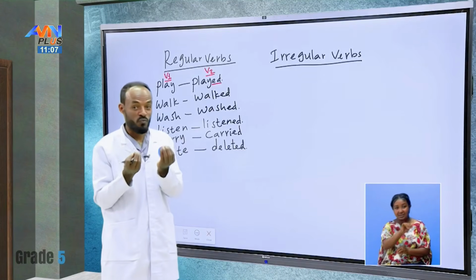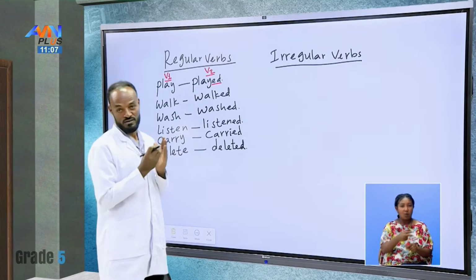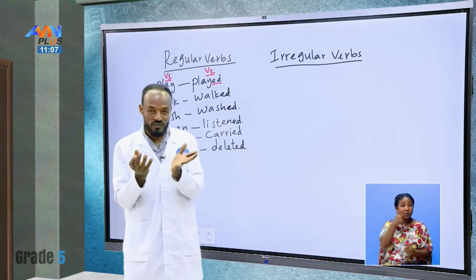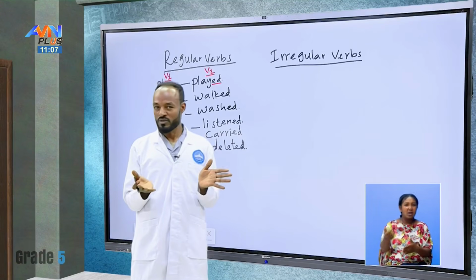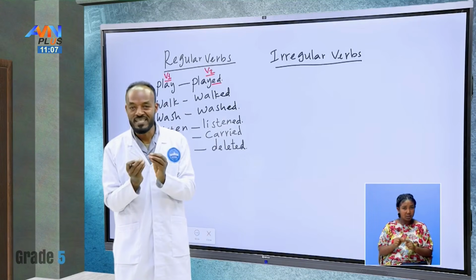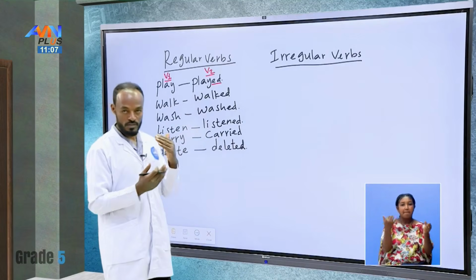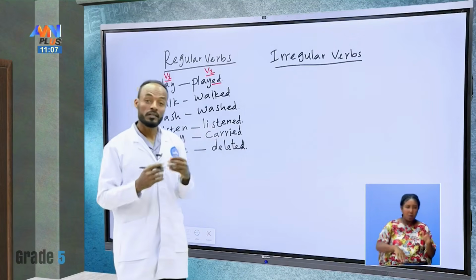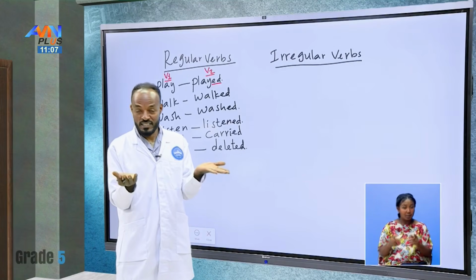Such words can be said to be verb 1. When we say verb, we mean action words. Any action word can be considered a verb. Is it clear? For example, play, just playing, it can be playing ball, it can be playing a game, and so forth. So play means action, isn't it?